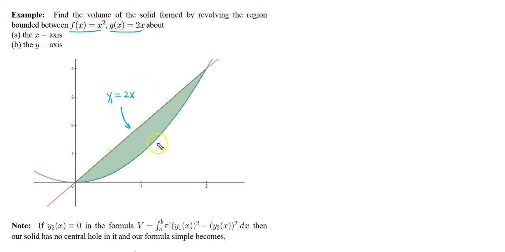And the lower curve, that's the x squared function. Now this problem doesn't state any limits on the x values, like x is between 1 and 3. So we need to find where these two graphs intersect. So we're going to set them equal to each other, and then that'll determine our limits of integration.